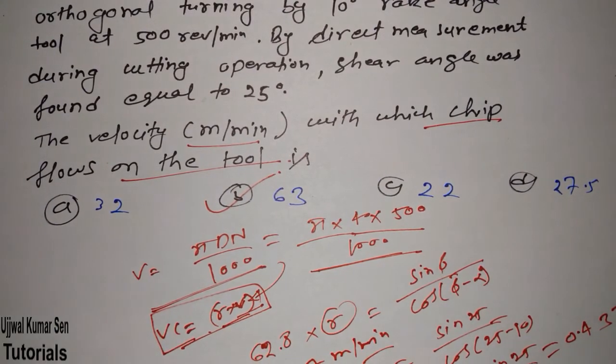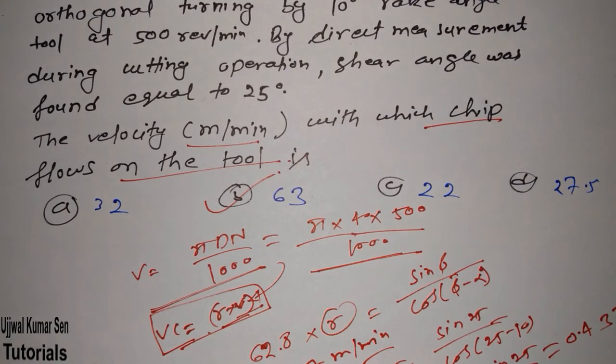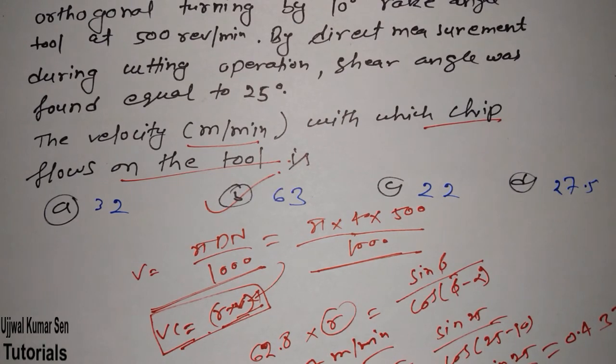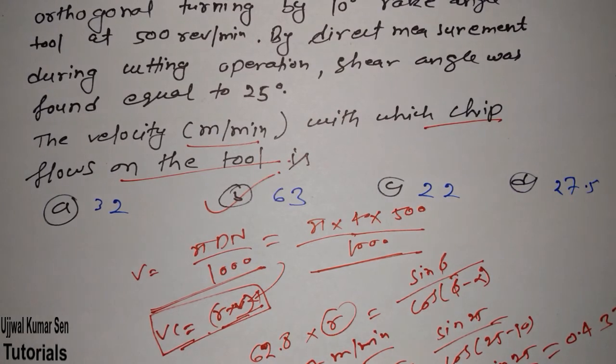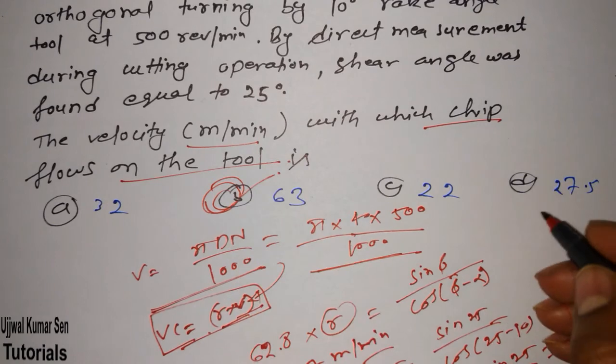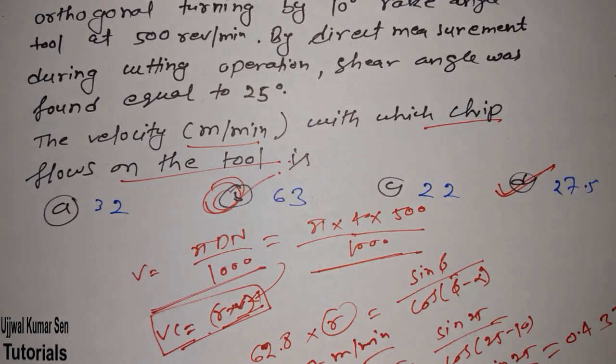So if you are talking about the velocity with which the chip flows on the tool, that means it is not talking about cutting velocity, it is talking about chip velocity. So the value of chip velocity is 27.5. This is the right answer for finding out chip velocity.